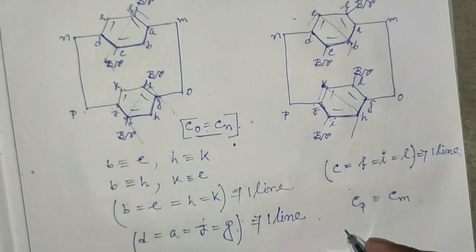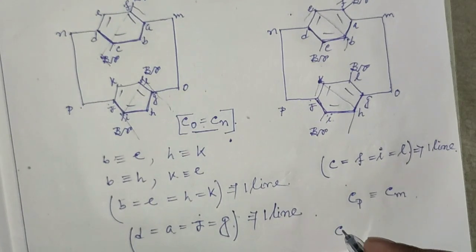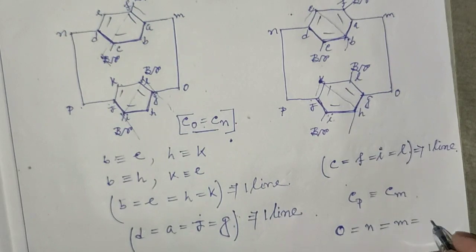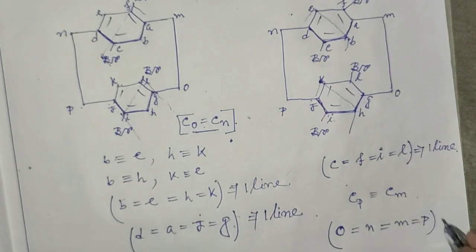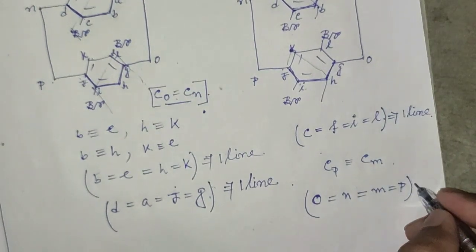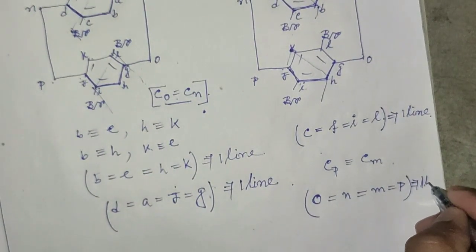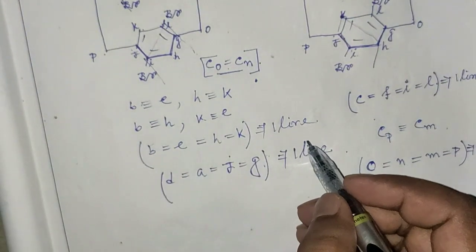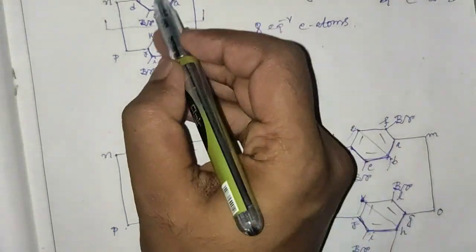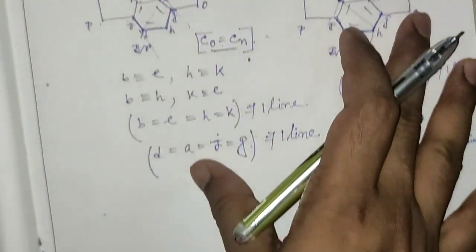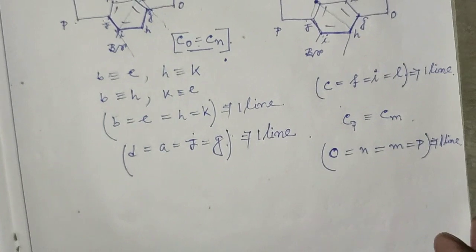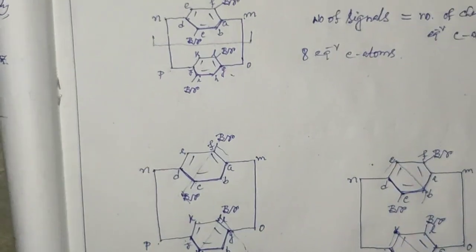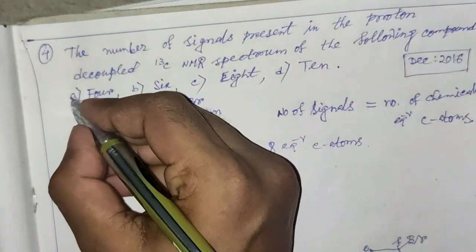So in addition we can say that O carbon is equal to N carbon is equal to M carbon is equal to P carbon. These 4 carbon atoms are equivalent and they will give one line. Thus in summation we can say that this given compound will show 4 lines. So the option number A is the correct answer.